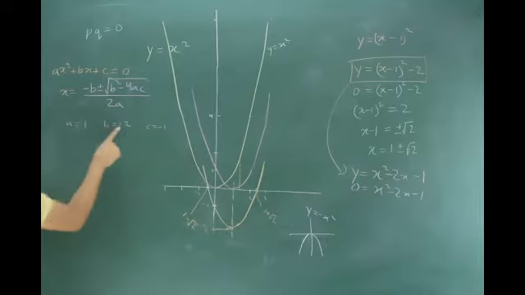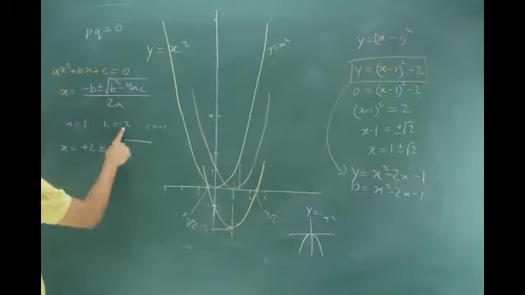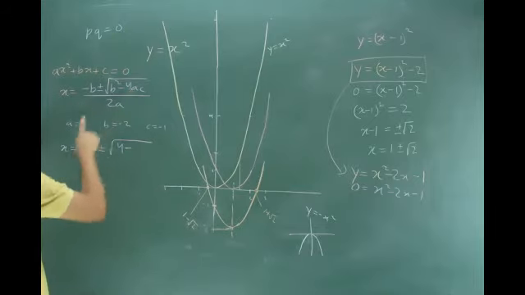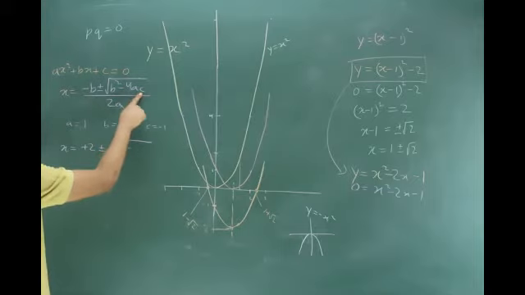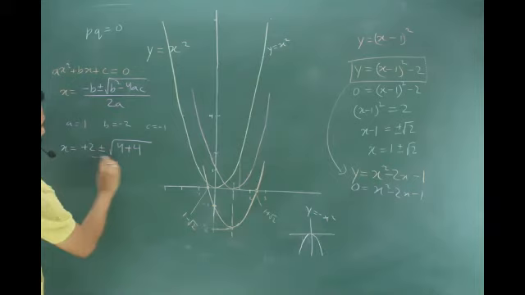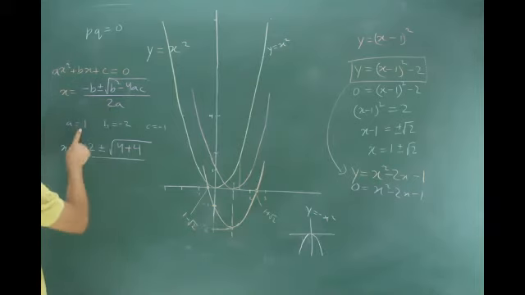B as minus 2, so I'll put a minus of minus 2, which becomes plus 2, plus minus under root b square, minus 2 square is 4, minus 4ac. So 4 times a, which is 1, and c is minus 1. So 4 times minus 1 is minus 4, or minus is already there, so plus 4, right? Divided by 2 into a, which is 1.